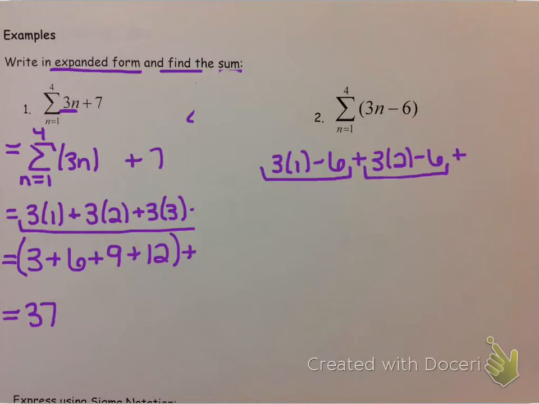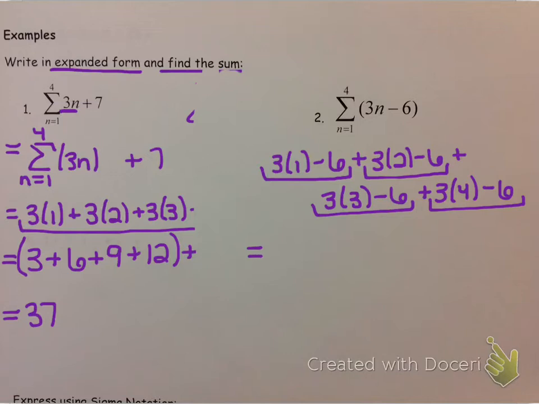I'm going to jump down to the next line because I need the room. Then I would plug in the 3. So there's the third term. And then I would plug in a 4. And there's the final term.